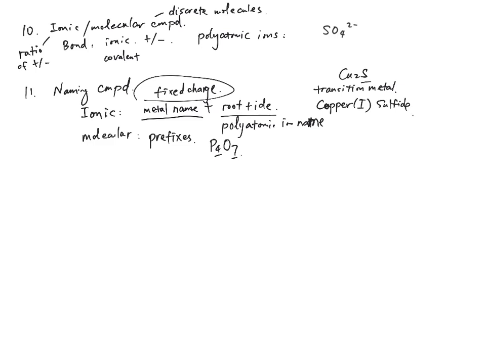So that's naming chemical compounds, and of course, now there's also naming different acids: binary acids, oxy acids. How do we name them?